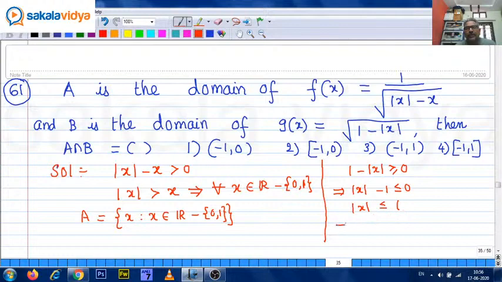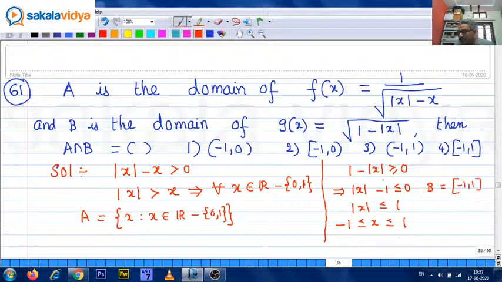That means we can write minus 1 less than or equal to x, x less than or equal to 1. So B equals closed minus 1 comma 1.